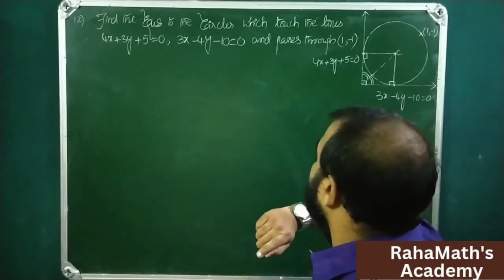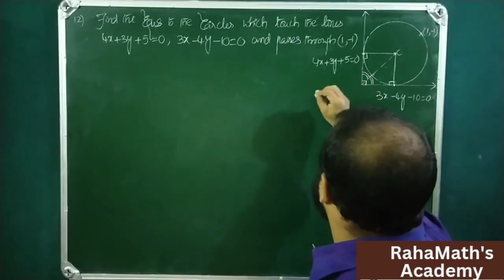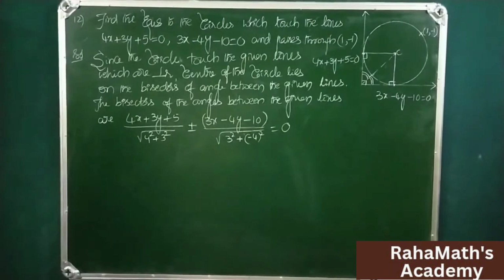Since the circle touches the lines which are perpendicular, the center of the circle lies on the angular bisector of the given two lines.